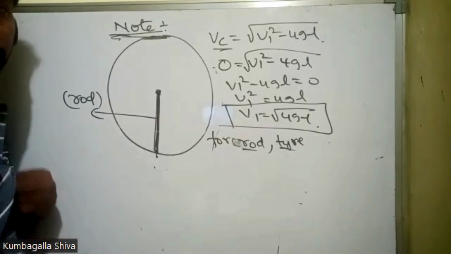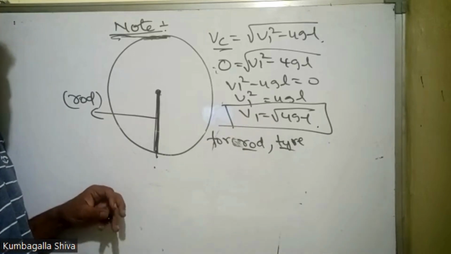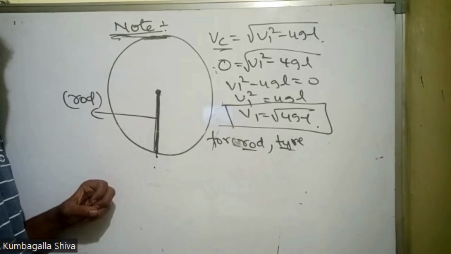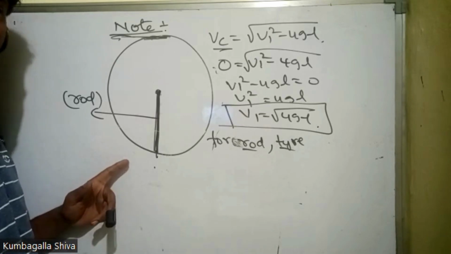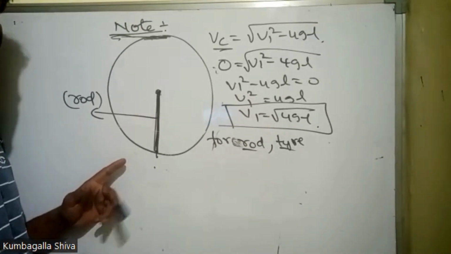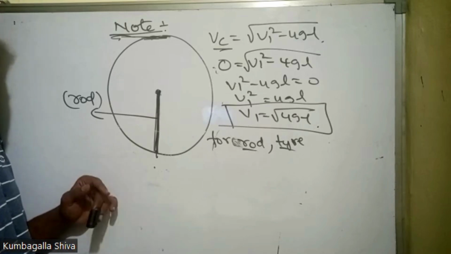Are we clear? v1 is equal to root 4gl, but for a string, the velocity you got is root 5gl.